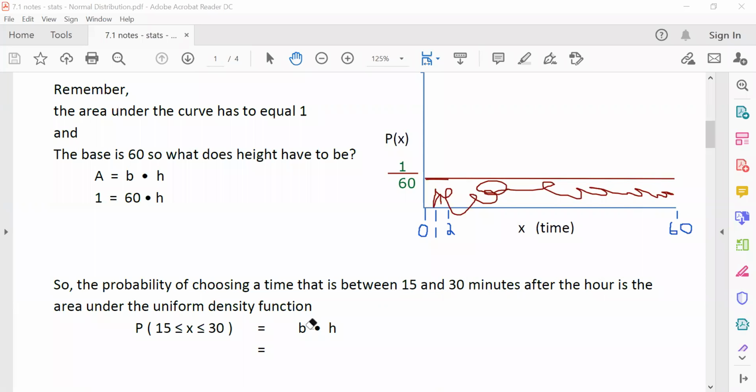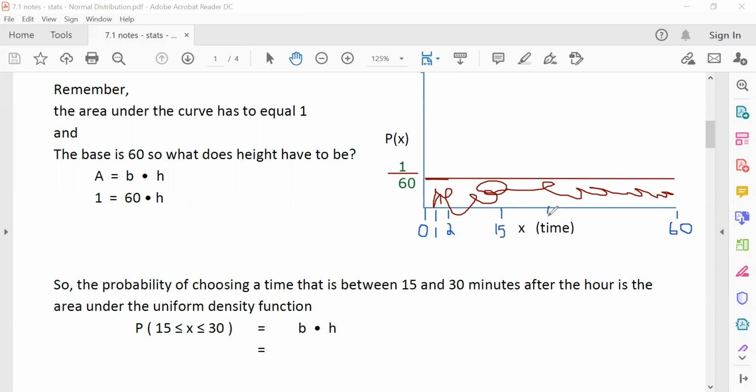So for instance, if you wanted to know the probability of choosing a time that is between 15 and 30 minutes after the hour, in other words, the probability that the package will arrive between 10:15 a.m. and 10:30 a.m., what you would do is look for your specific times. So here's 15 minutes.